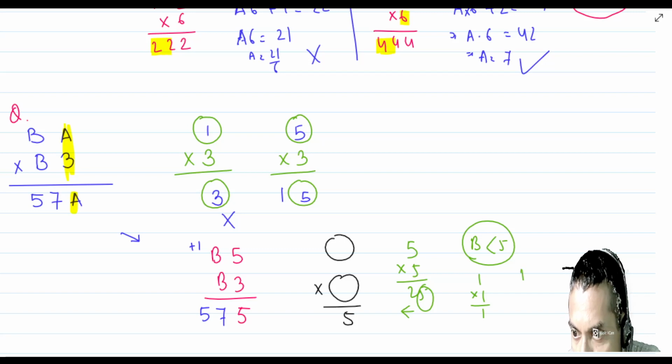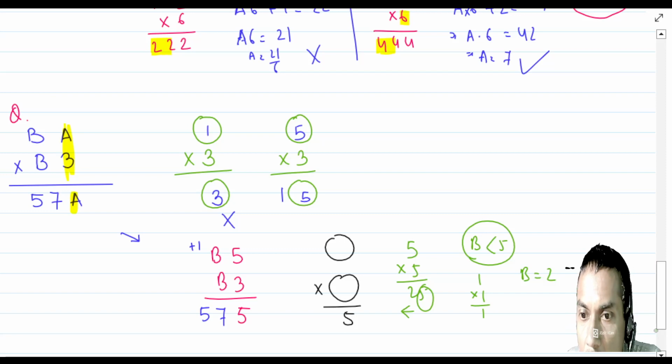If I consider B as 2, then 2 into 2 is 4, then we have to add only plus 1, the carry forward from the previous.